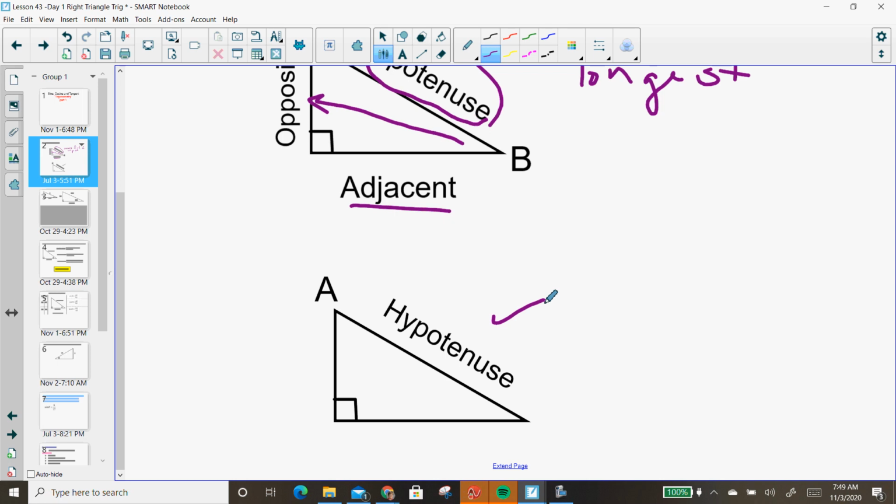But now for A, this side down here at the bottom that is across from A is A's opposite side. And this side is right next to it, so it is the adjacent side. So adjacent and opposite are totally dependent on which angle you choose.